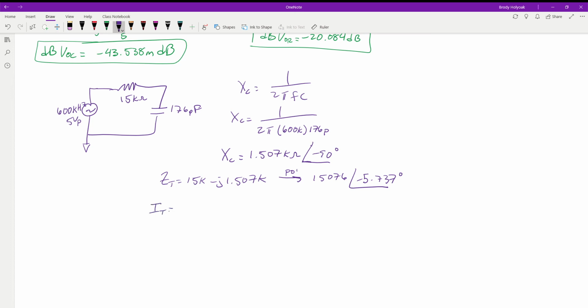So now let's get into our current total. We take the voltage total divided by the impedance total: 5 volts at 0 divided by 15,076 at negative 5.737 degrees. The total current we get comes up to be 331.653 microamps at an angle of 5.737, sorry.